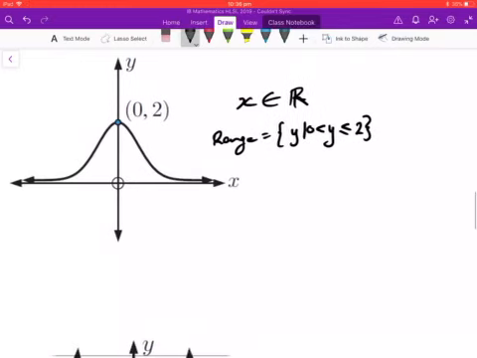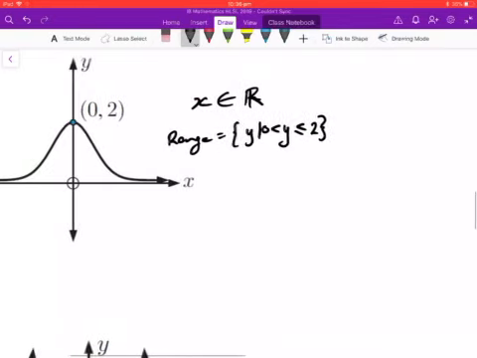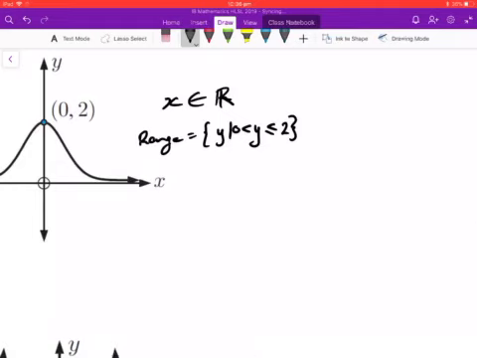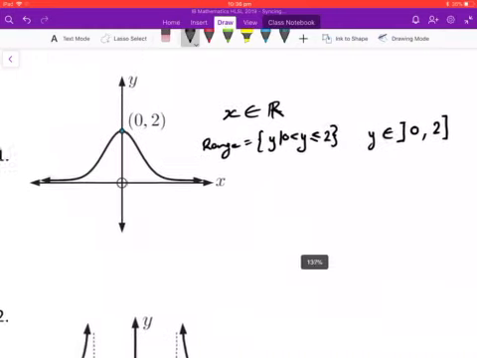In interval notation, y belongs to (0, 2], not inclusive of 0 but inclusive of 2. There you have it. So that's that one.